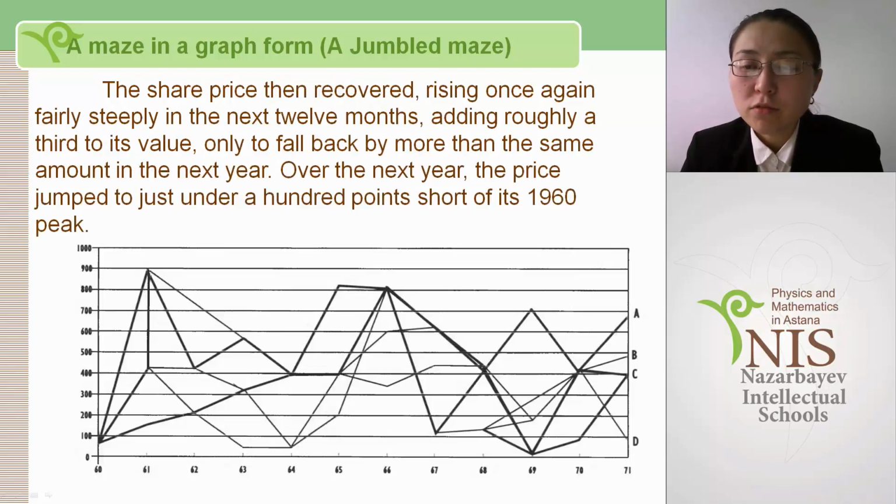The share price then recovered, rising once again fairly steeply in the next 12 months, adding roughly a third of its value, only to fall back by more than the same amount of the next year. Over the next year, the price jumped to just under 100 points short of its 1960 peak.